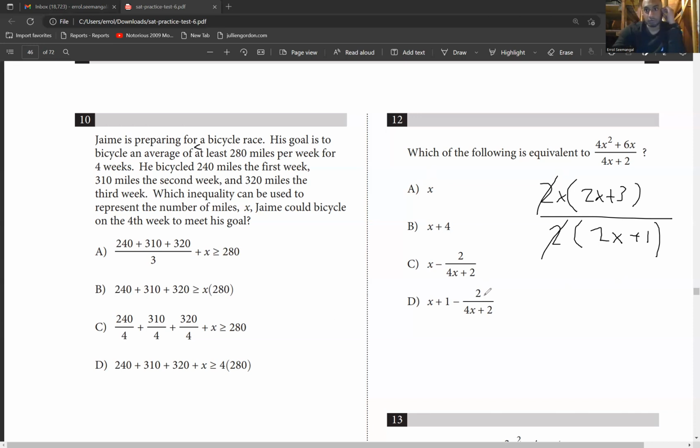Which of the following is equivalent? Okay, so we have x times 2x plus 3 over 2x plus 1. Which one of those is equivalent to one of those?